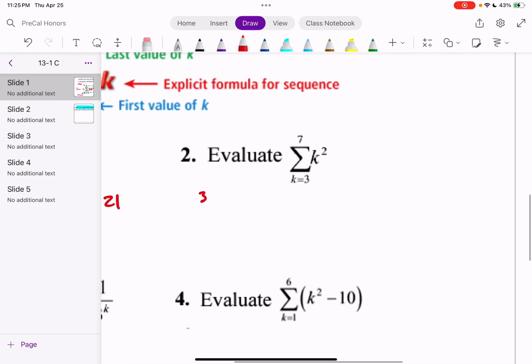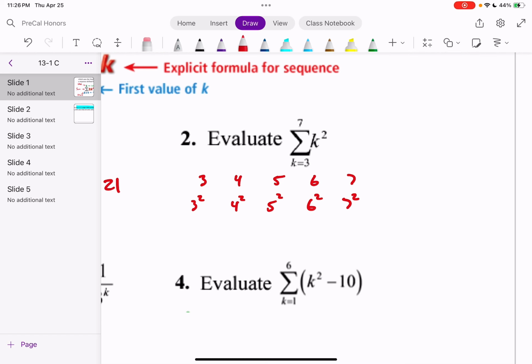So that would be 3, 4, 5, 6, and 7. We're going to go ahead and plug in each one of those numbers into our equation of k squared. So this would look like 3 squared, 4 squared, 5 squared, 6 squared, 7 squared.